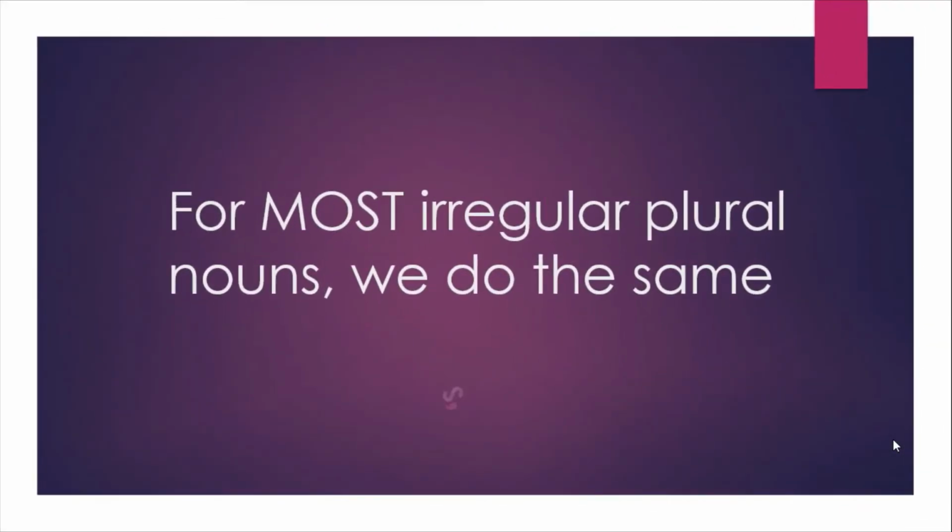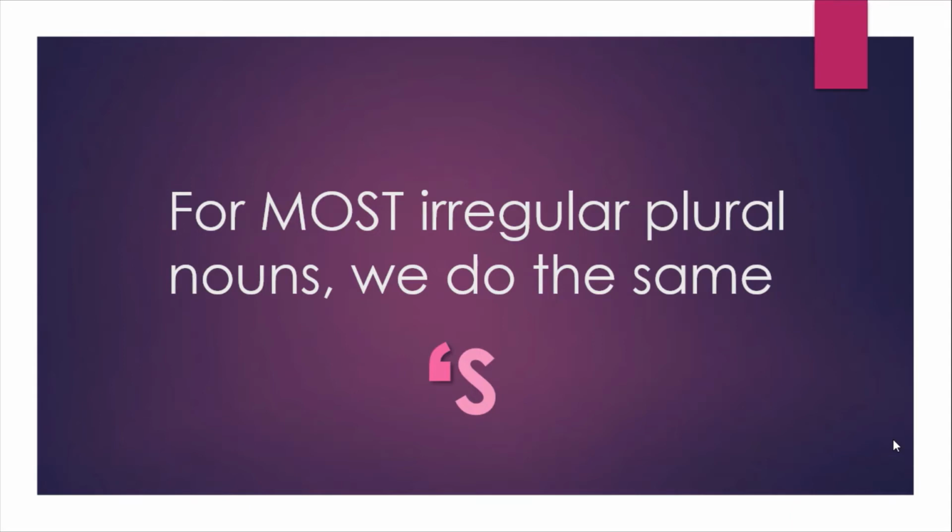Now, remember that for most irregular plural nouns, we do the same apostrophe S as we do for the singular possessive nouns. Let me go ahead and repeat that because this is very important. For most irregular plural nouns, we do the same apostrophe S as we do for the singular possessive nouns.